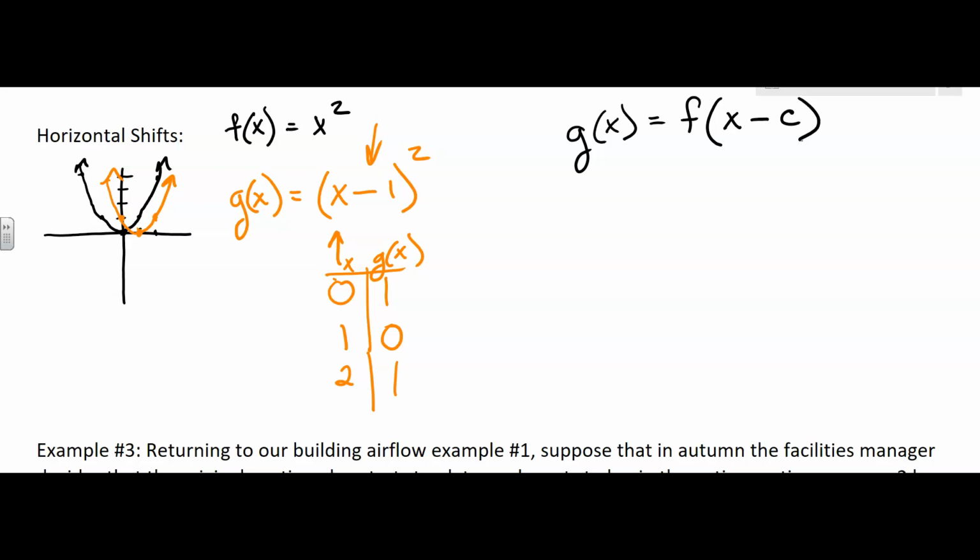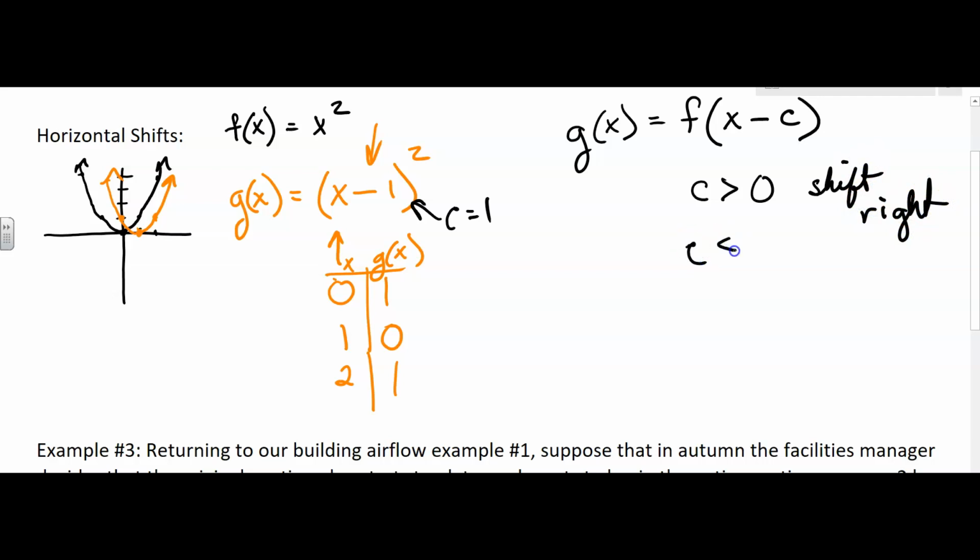If c is greater than 0, so like in this case, c is 1, not negative 1, because it's written x minus c, then it's going to shift to the right. If c is less than 0, it's going to shift to the left.